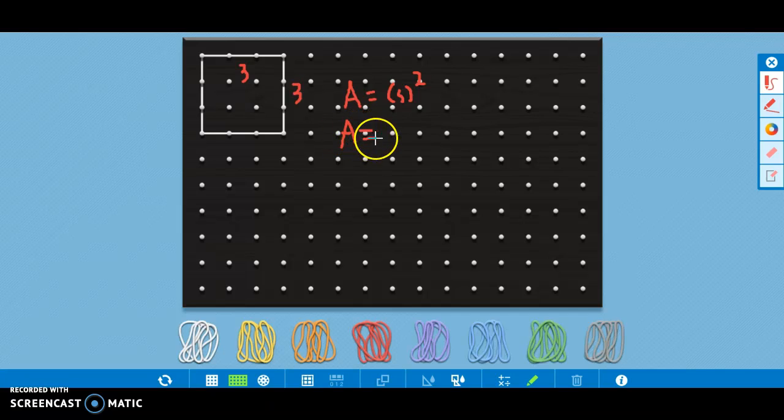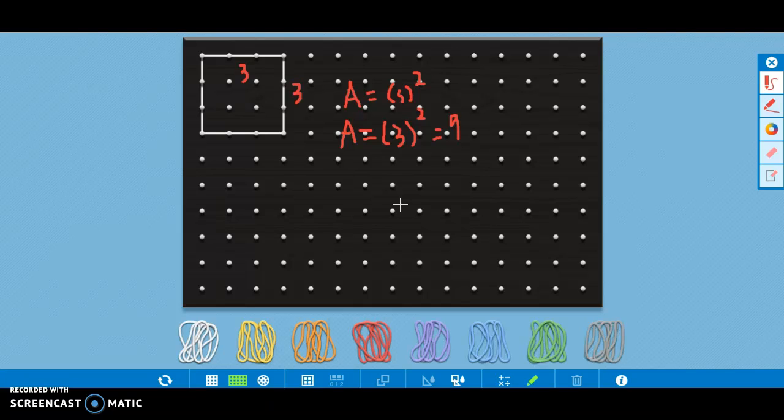So for our area, it's going to be represented as 3 squared, which is equal to 9 as our final answer. So we showed not only that that is our area, but it also is a perfect square because of the definition that we gave.